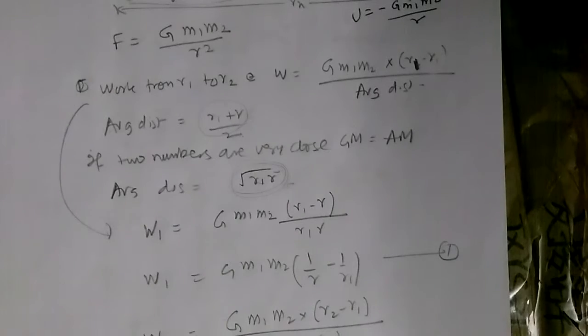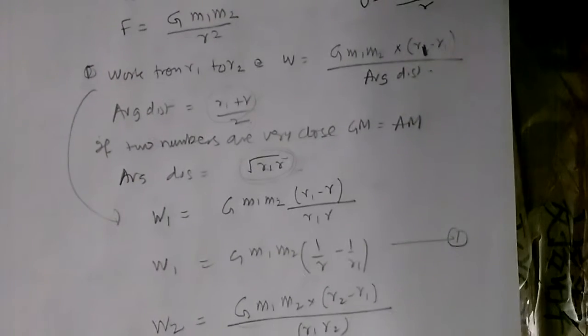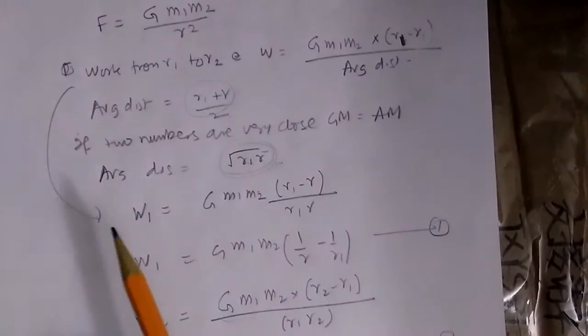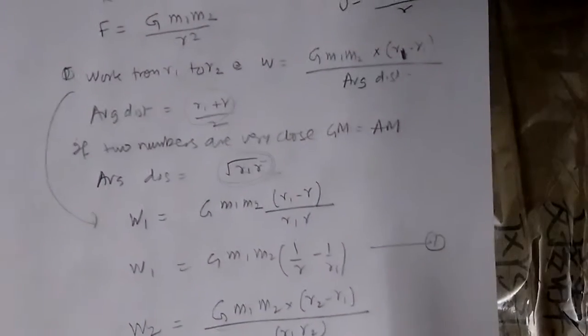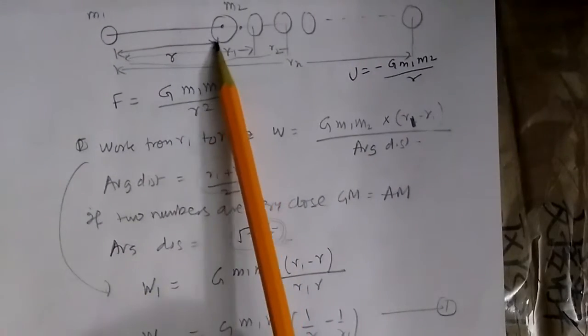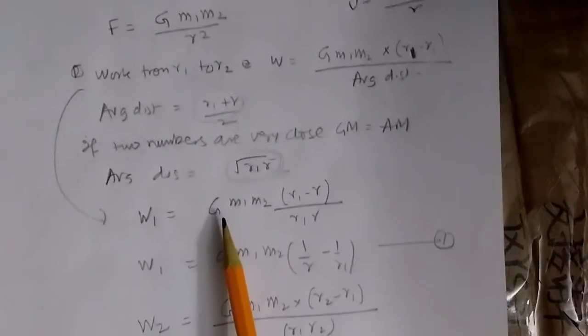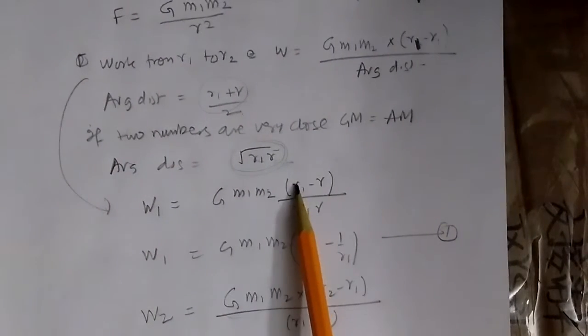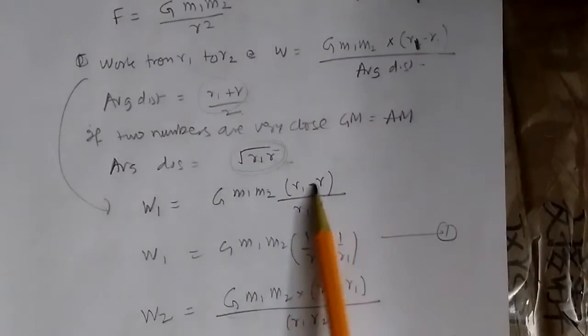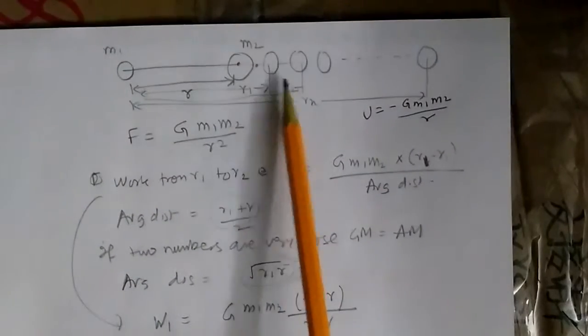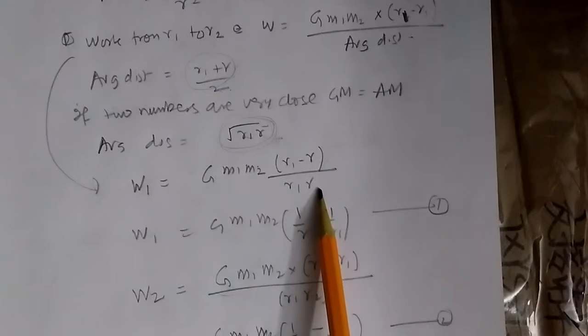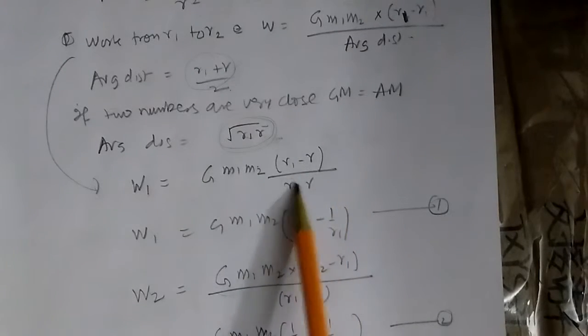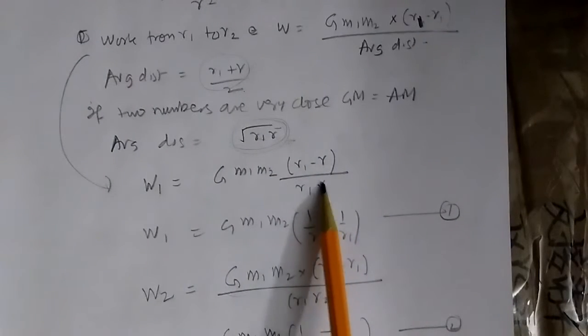So coming back to here, the amount of work done, W1, when taking this particle from position R to R1 is given by G M1 M2 times R1 minus R, the distance that it traveled from R to R1, divided by R1R, which is the average of the distance between these two points.